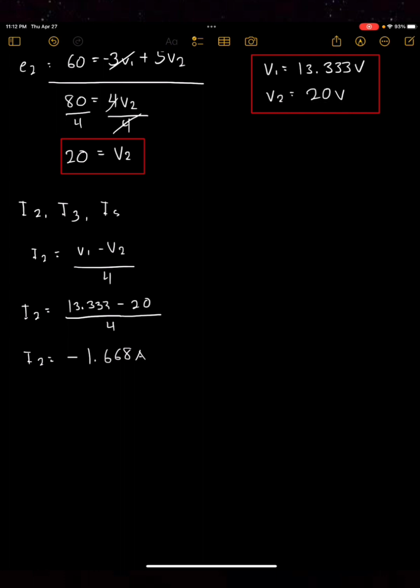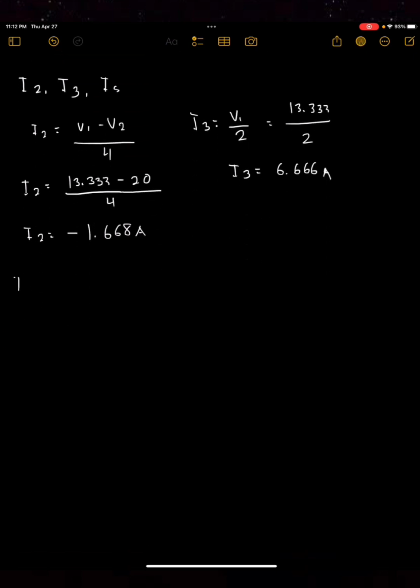So, ang I3 natin ay V1 over 2. Substitute, V1 is 13.333 over 2. So, I3 is equal to 6.666 amperes. Tapos, I5, we have V2 over 6.